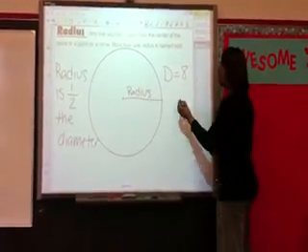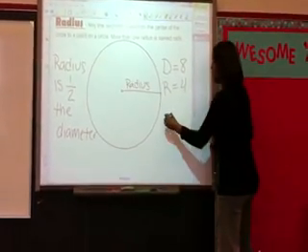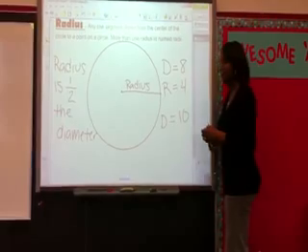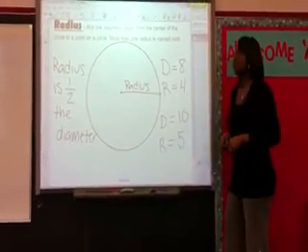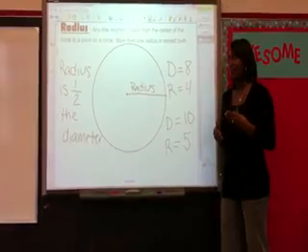So what's half of 8? 4. And if the diameter is 10, for another example, then what will be half of 10? 5. So the kids really need to understand that the radius is half of the diameter.